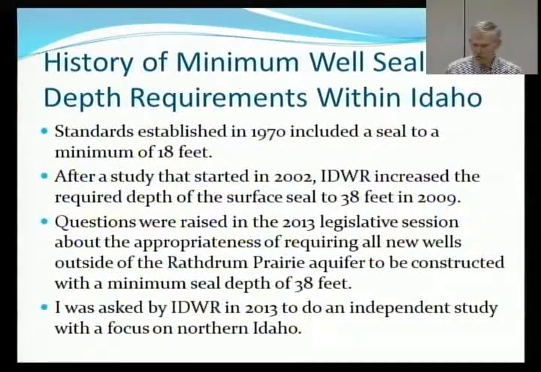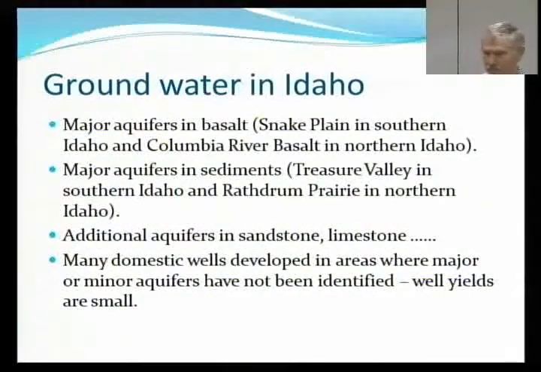Well, questions were raised in the 2013 legislative session about the appropriateness of requiring all new wells outside of the Ralston Prairie Aquifer in northern Idaho to be constructed with a minimum seal depth of 38 feet. So I was asked by IDWR in 2013 to do an independent study with a focus on northern Idaho.